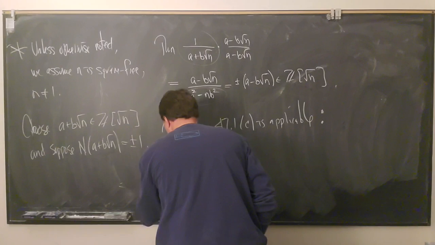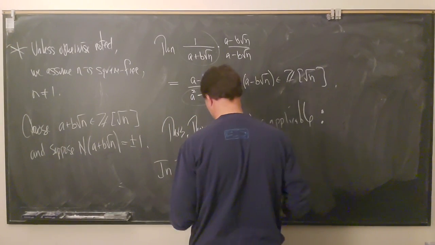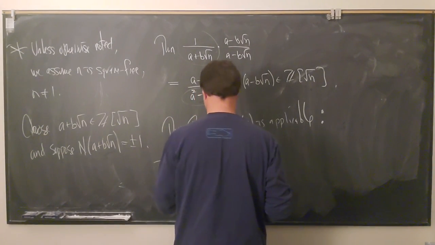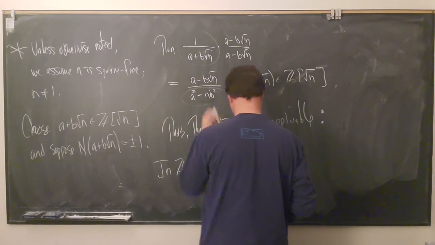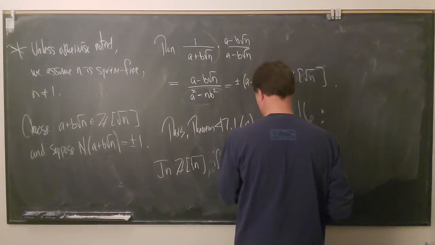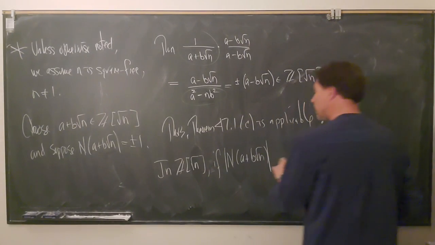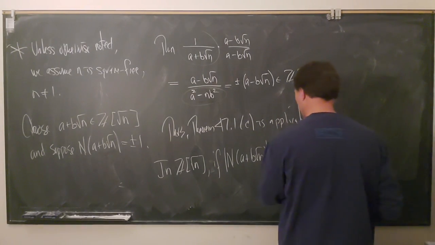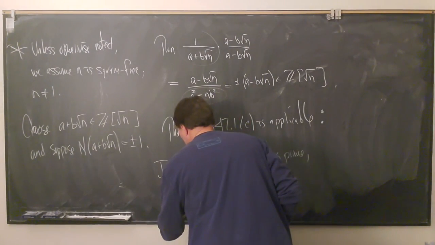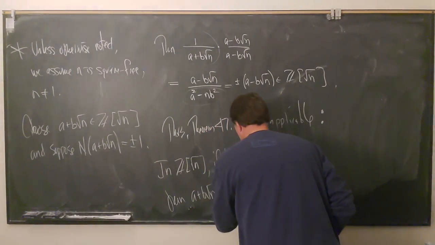In Z bracket root n, if the absolute value of the norm of A plus B root n is prime, then A plus B root n is an irreducible.